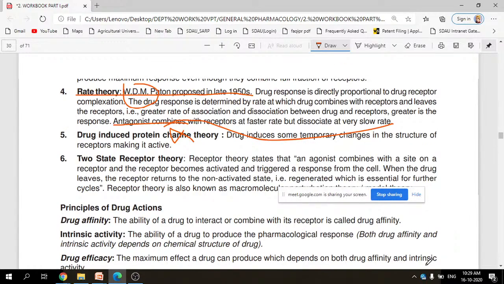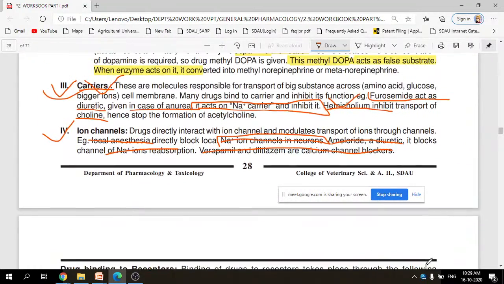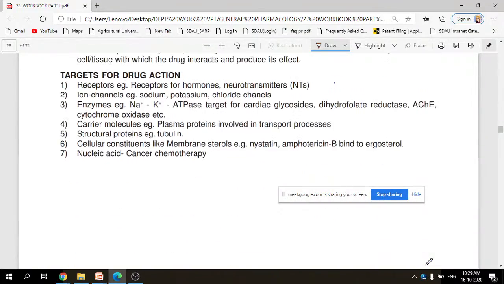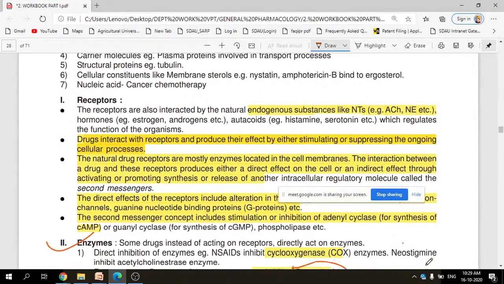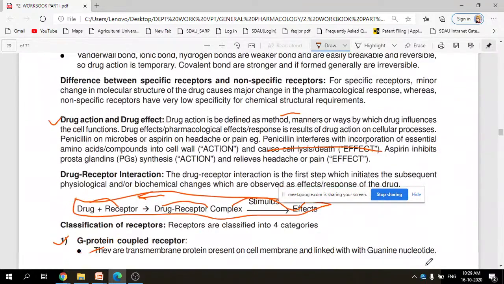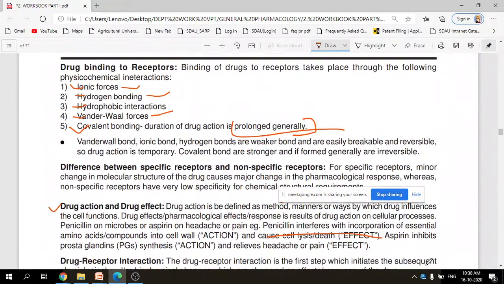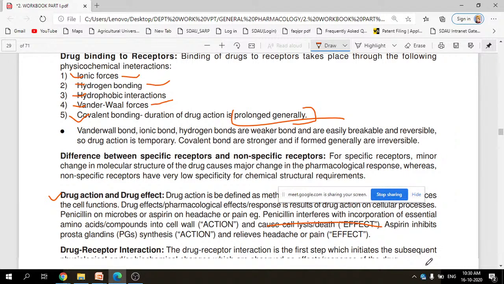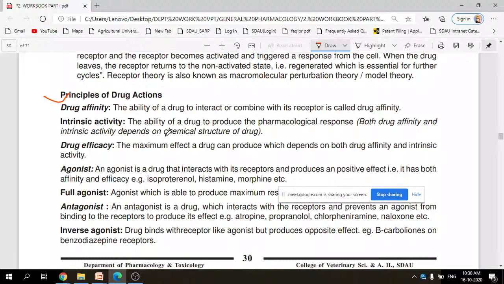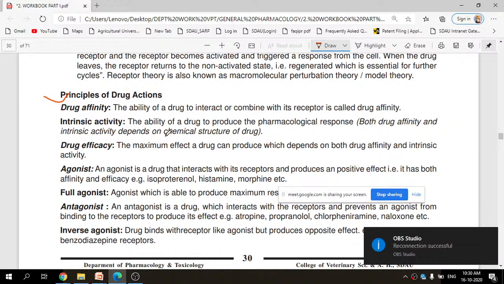We have studied the definitions of pharmacokinetics, then what are receptors, then the different targets, direct, indirect, enzymes and carriers, then types of receptors, then the forces of interaction between the drug and receptor, that is ionic, hydrogen bonding, hydrophobic, then different theories of the drug receptor complex and different types of receptors. So the pharmacological response. Then another one is the drug efficacy.